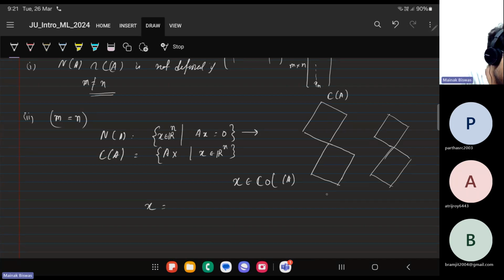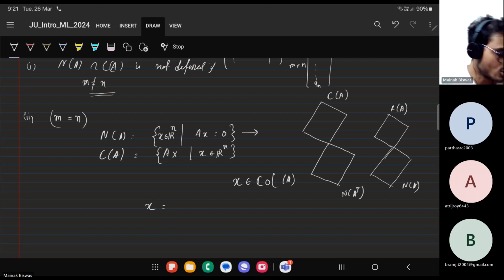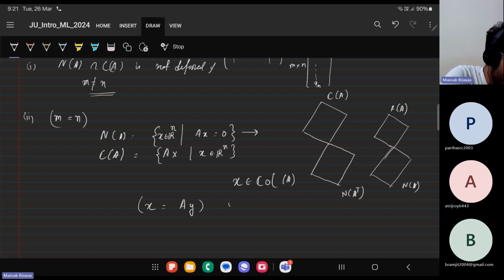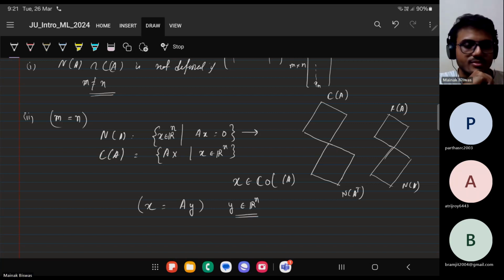Say this is column space, this is row space, this is null space, this is null space of A transpose. So say X is in the column space of A. Can I write X as AY such that Y belongs to Rn? Yes or no?